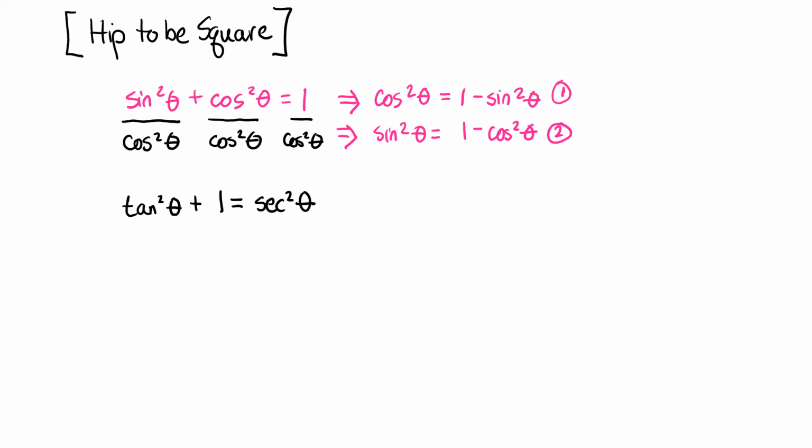And again, if we so desired, we can subtract 1 from both sides and get tangent squared equals secant squared minus 1, or subtract tangent squared from both sides and get secant squared minus tangent squared equals 1.